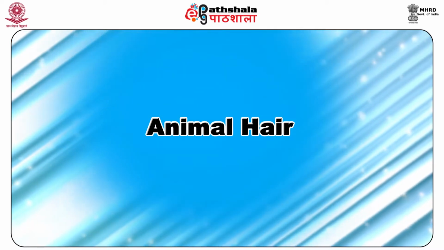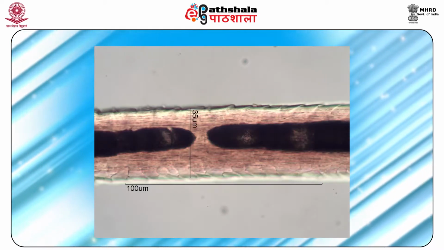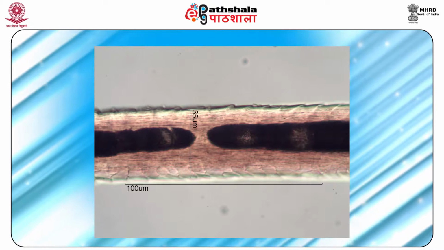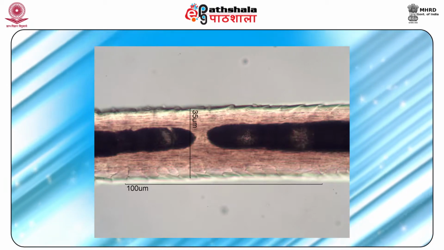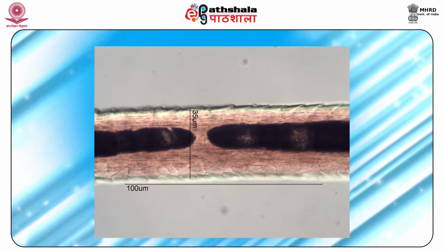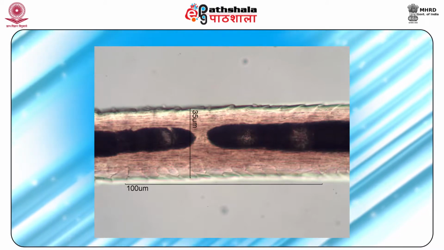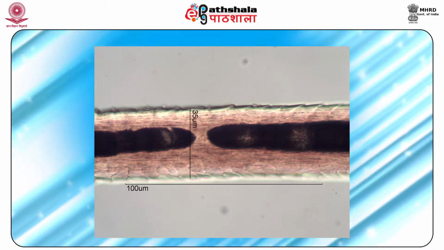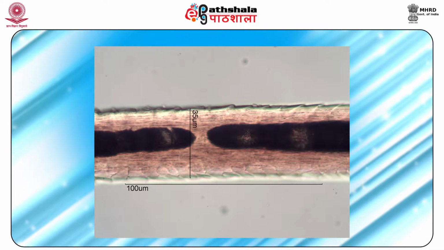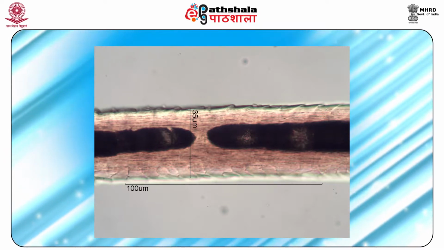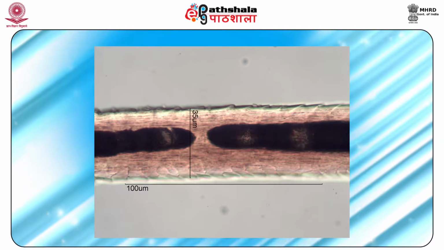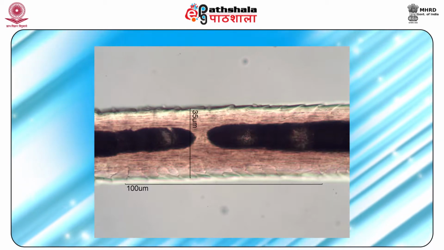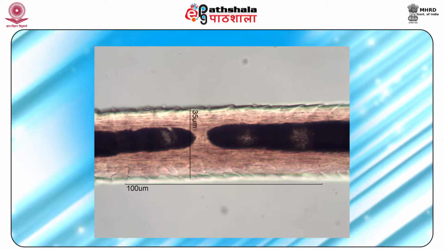First is animal hair. The compositional pattern of the pigmentation can vary widely in different animals. Pigmentation is extreme at the medulla portion as compared to the rest of the areas. Pigmentation is generally found in solid masses called ovoid bodies, especially in animals like dogs and cattle.